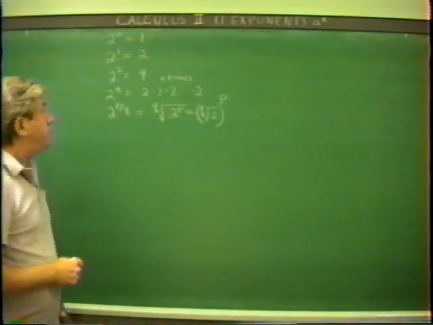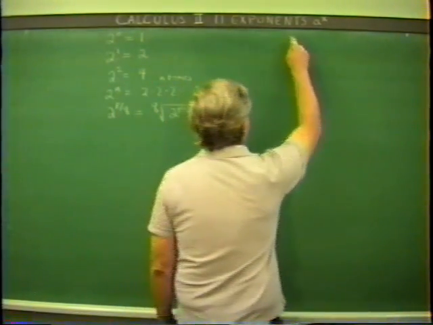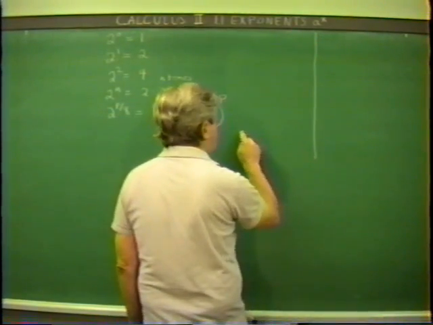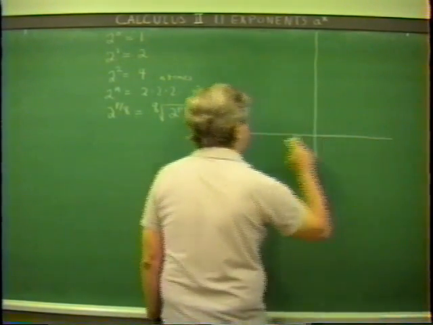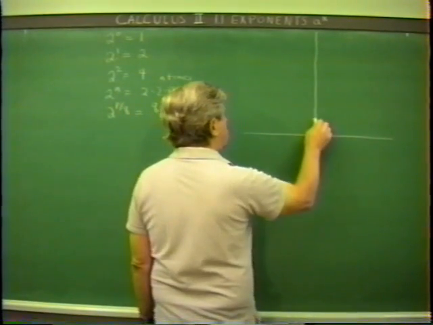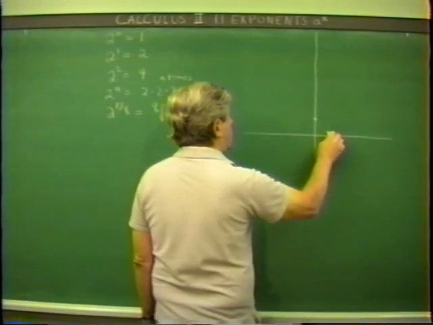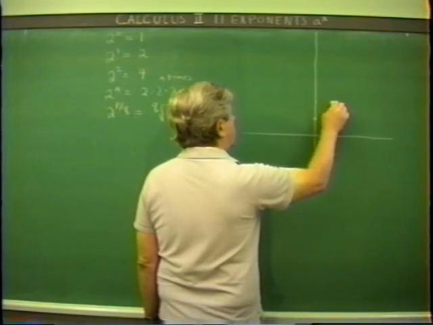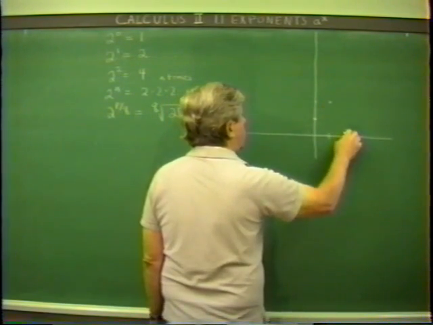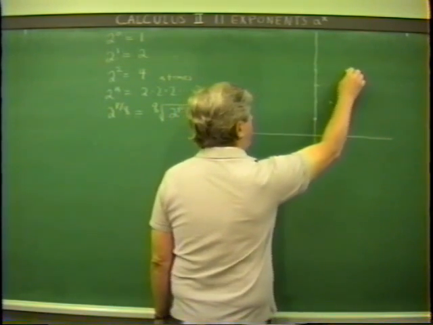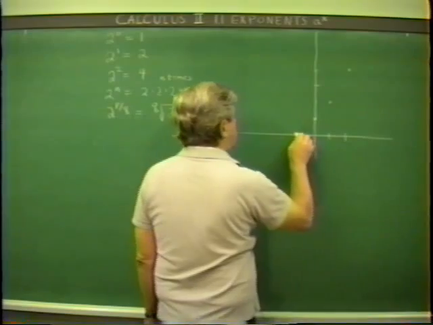When one does this, you find that you can graph, for example, 2 to the x as follows. 2 to the 0 is 1. 2 to the 1 is 2. 2 squared, or 2 to the 2, is 4. 2 to the minus 1.